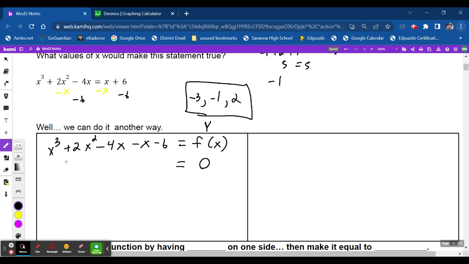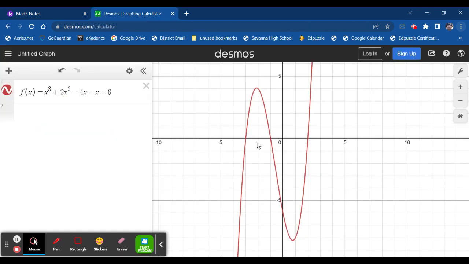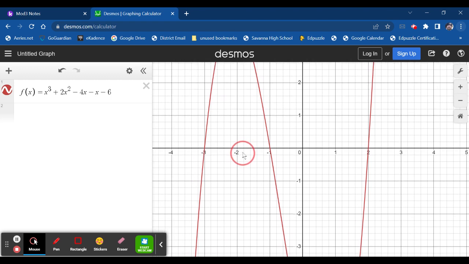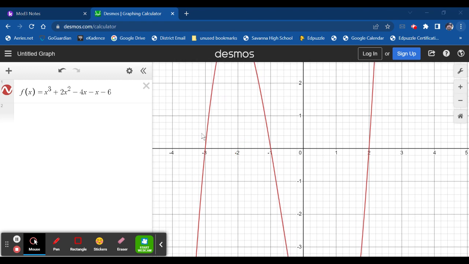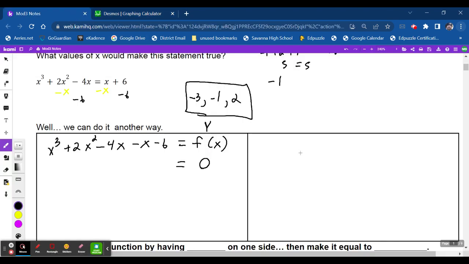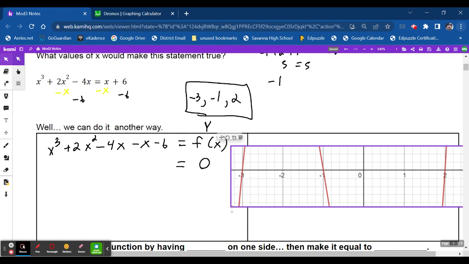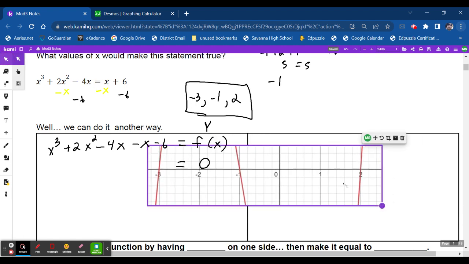So if I plug this in, and bear with me as I go to my other tab, I get this right here. I can zoom in, and look, here are my answers right here: negative 3, negative 1, and 2. Let me make it a little bit smaller.